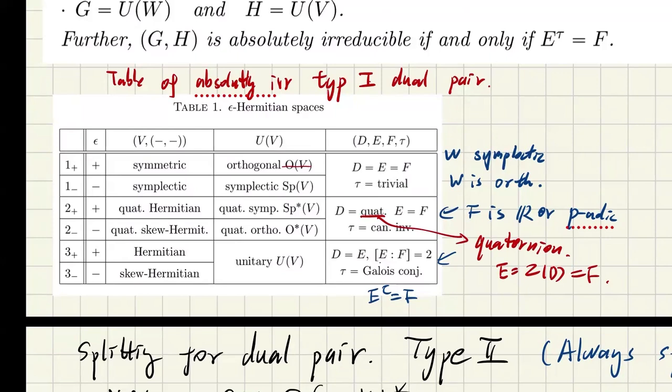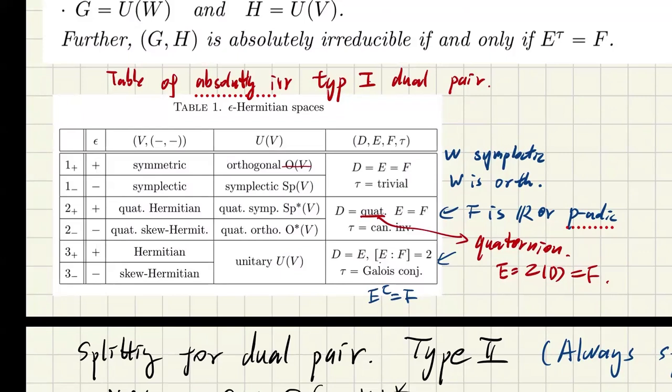So the quaternion has basis 1, i, j, k, and the involution sends 1 to 1, i to minus i, j to minus j, k to minus k. Okay, so you have this involution.